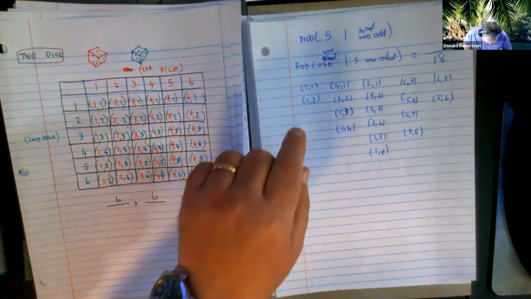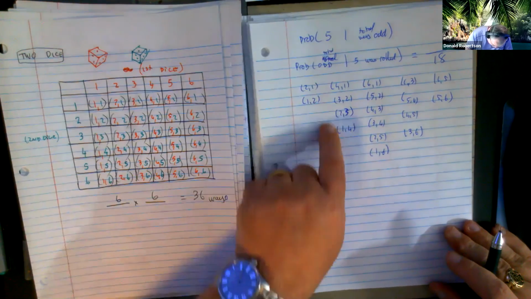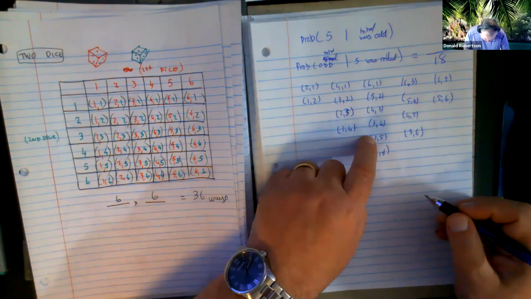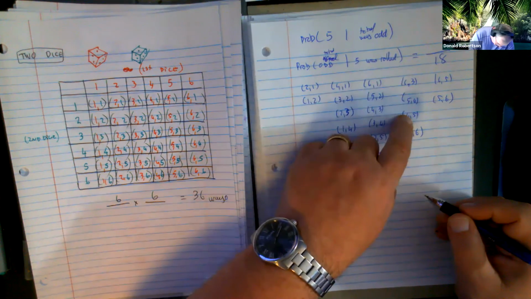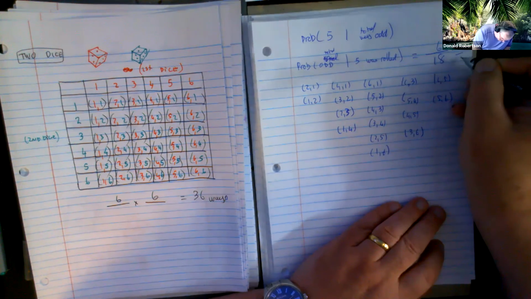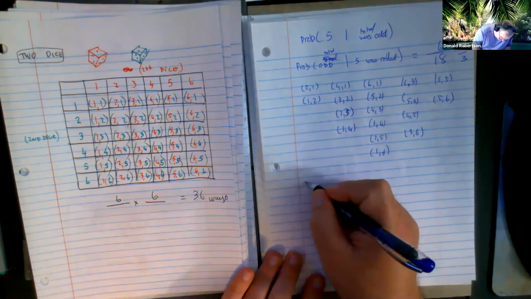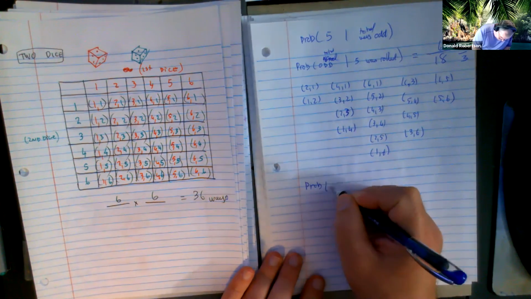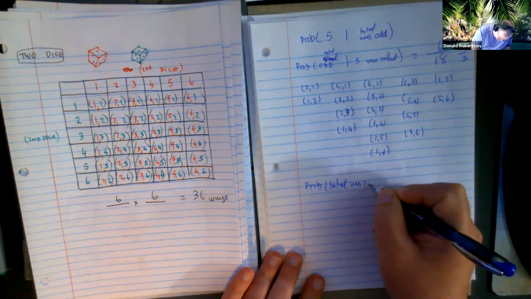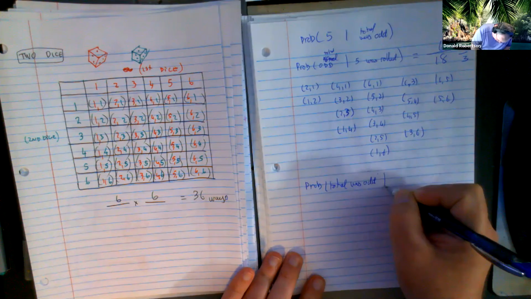So 5 is, well, let's answer this question. There's 1 there, there's 1 there, there's 1 there, there's 1 there, and there are 2 more there. So I believe that's 6, which ends up being that. Now, if you switch places on them, so the total was odd, given that you got a 5, right?